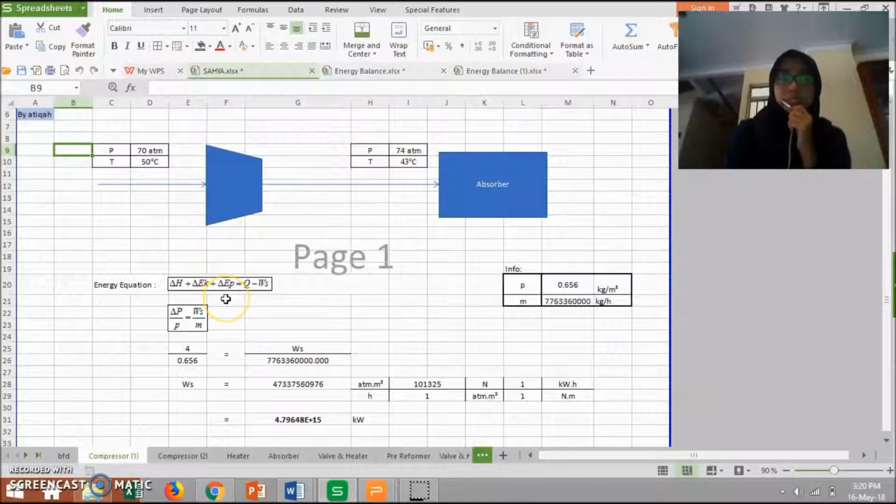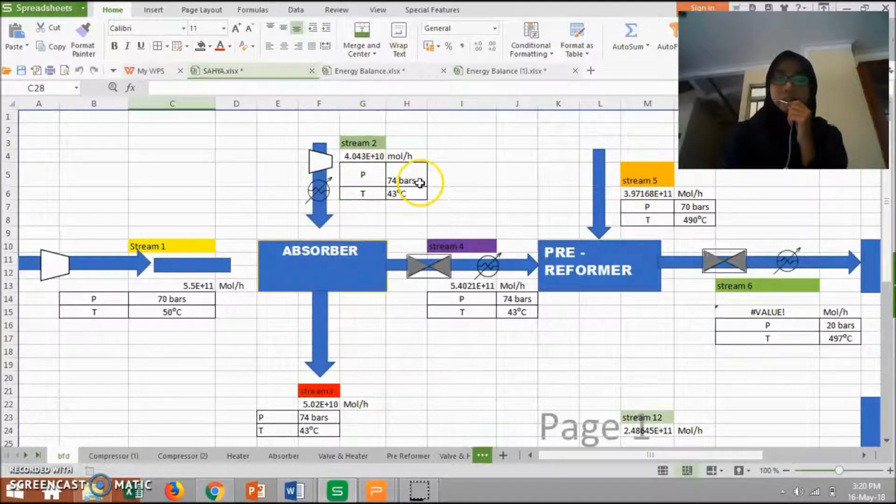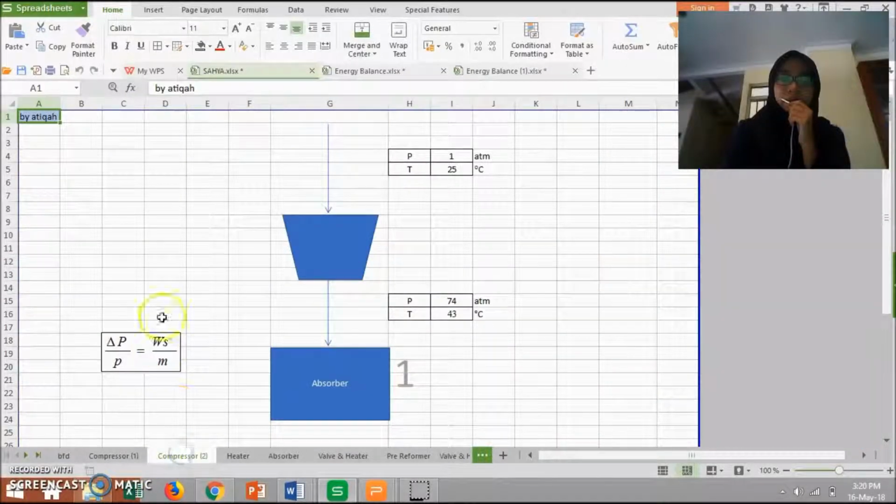By using this energy equation, I calculated the shaft work and I got a positive value for the shaft work. Then for stream 2, I have put a compressor and also a boiler. This is the compressor for stream 2.